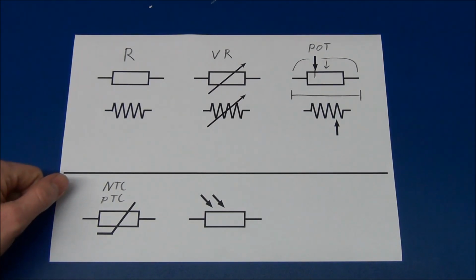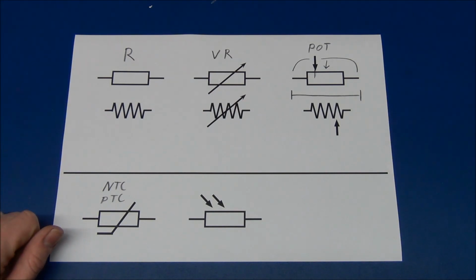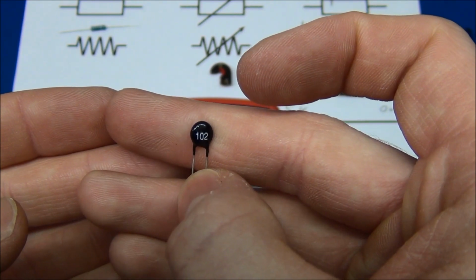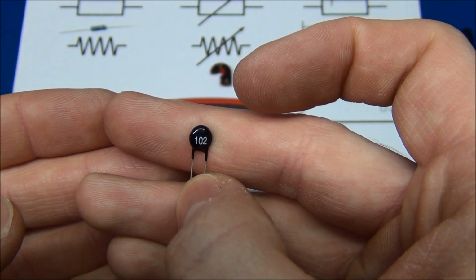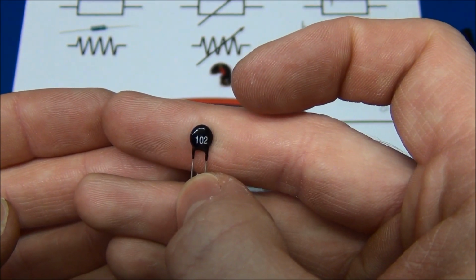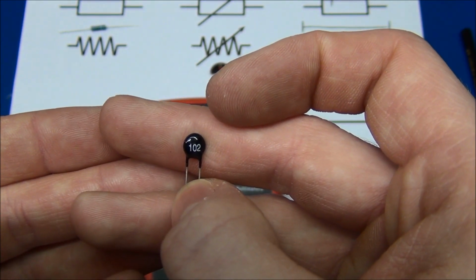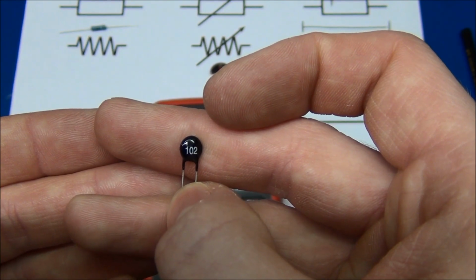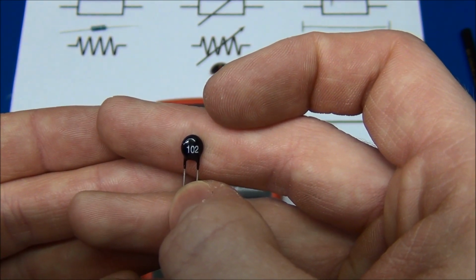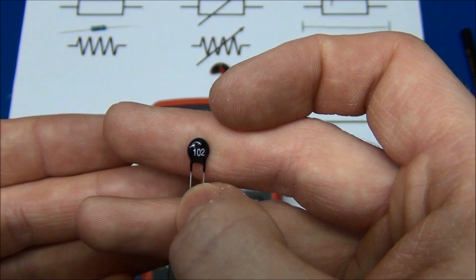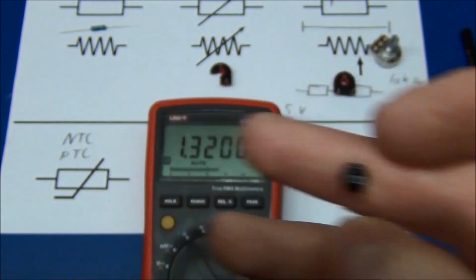So it will either drop or increase in resistance when the temperature increases. So here we have a thermistor with a nominal value of 1 kilo ohm. It is an NTC type, so we expect it to drop in resistance when we heat it up and increase in resistance if we cool it down. So let's take a look at it.